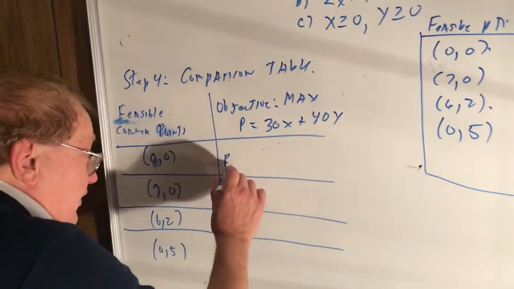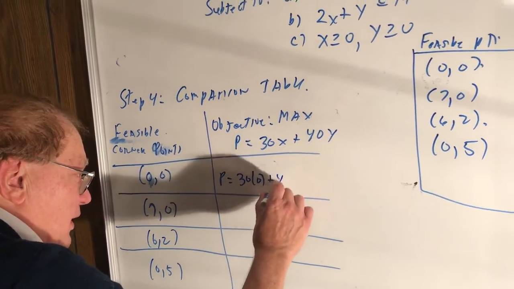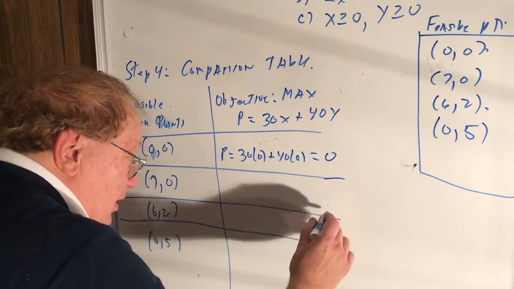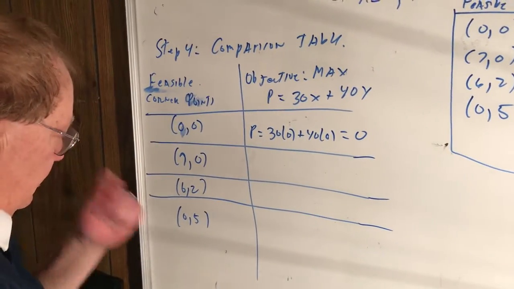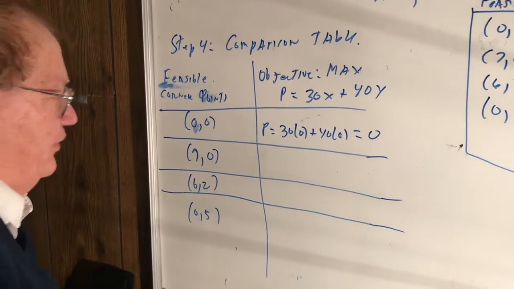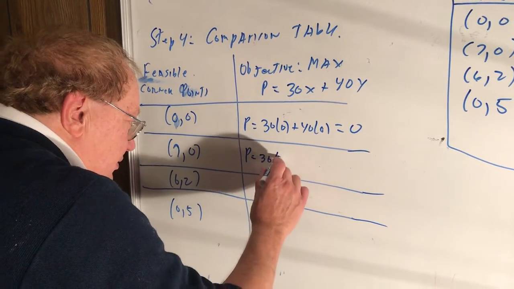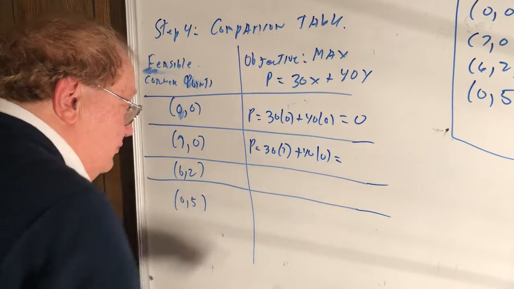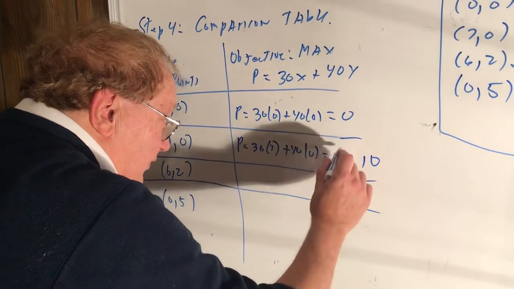Of course, this is a ridiculous solution. 30 times 0 plus 40 times 0 equals 0. So that makes no sense, but it is in the feasible region. Now here it says x is 7, y is 0. So P equals 30 times 7 plus 40 times 0. That's 210. Let's say that's dollars.